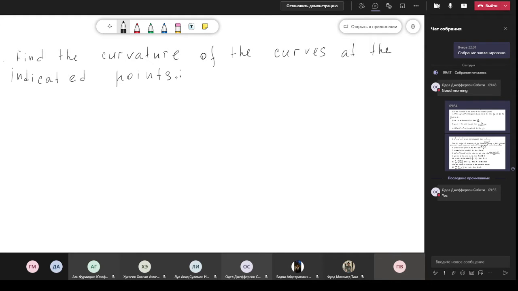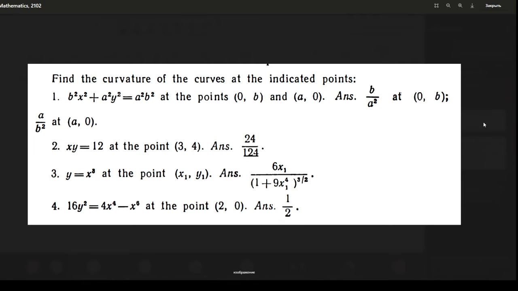And our first curve: b squared x squared plus a squared y squared equals a squared b squared.